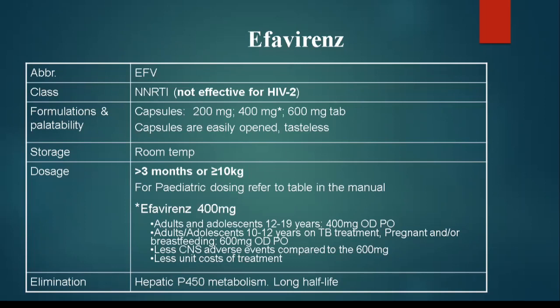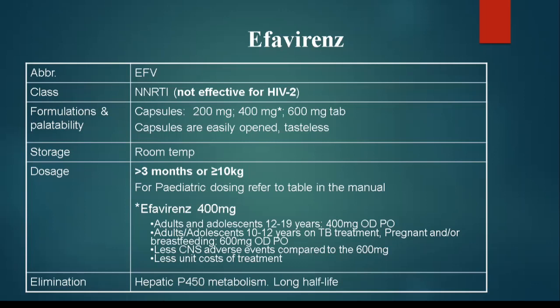Under the presentations, it can be presented in capsules, which is 200 milligrams, or 400 milligrams and 600 milligram tablets. So these are the presentations. Then now we can look at the dosage.